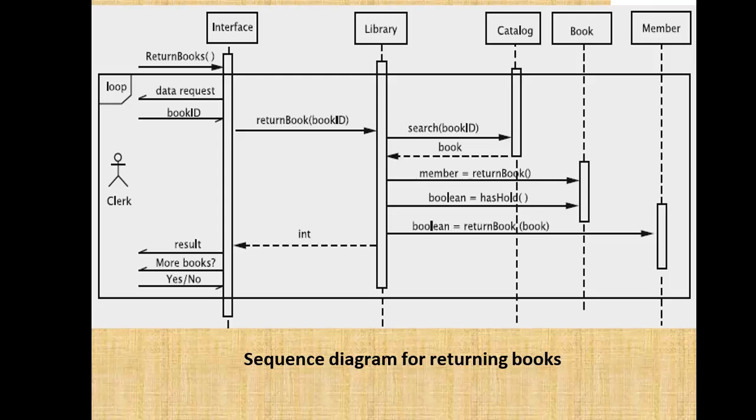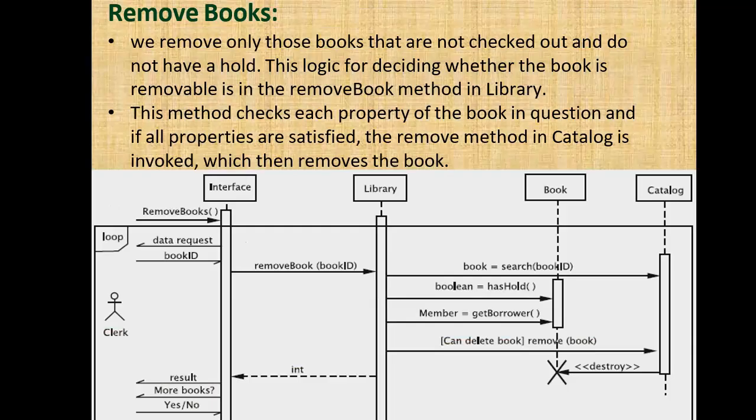Then check whether it has a hold or not, and based on that return the book. The value is in the form of an integer, and the result is given to the clerk. If there are more books, continue the loop, or else you come out of the loop.